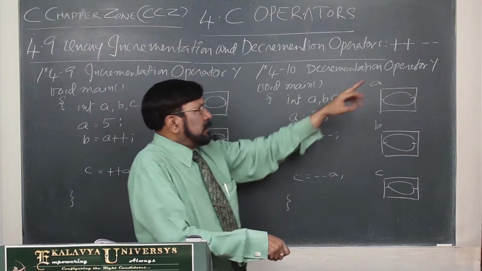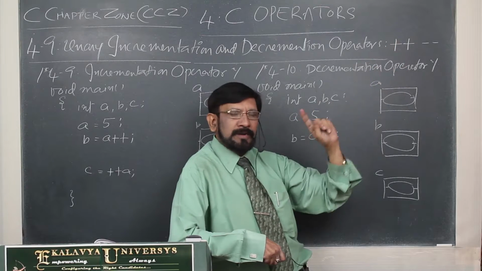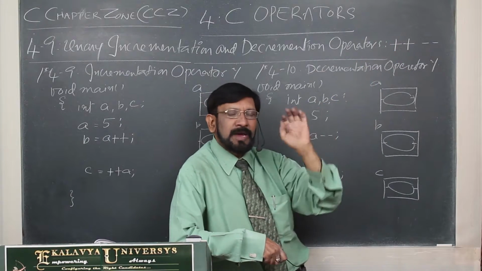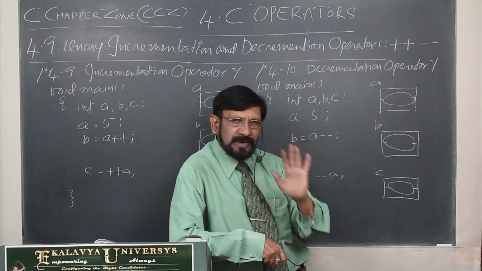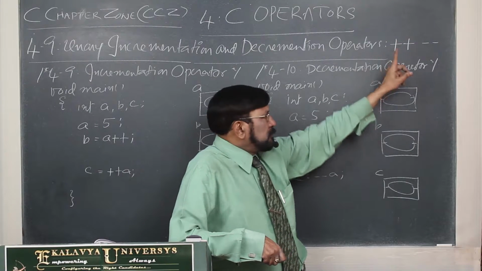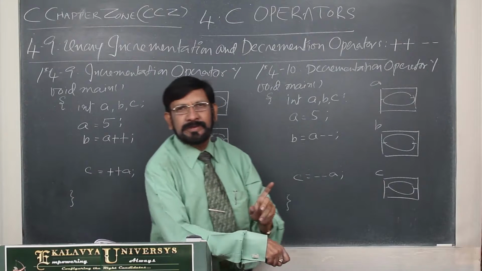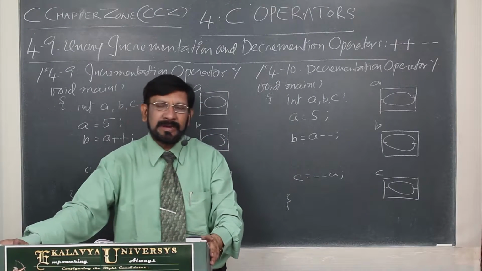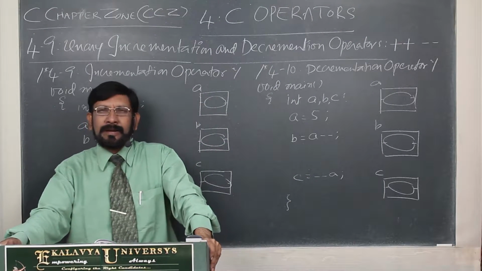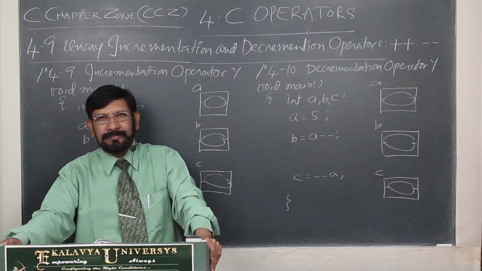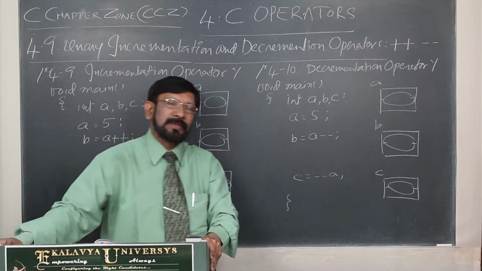As I told you already, you should not leave any space between twin operators. If you give space, the compiler cannot recognize them and it leads to a syntax error. That point you always remember.